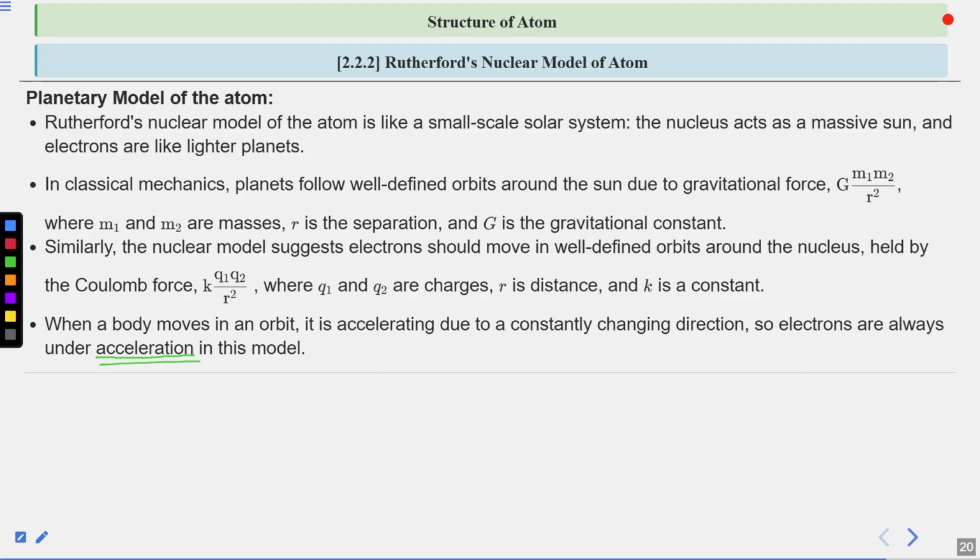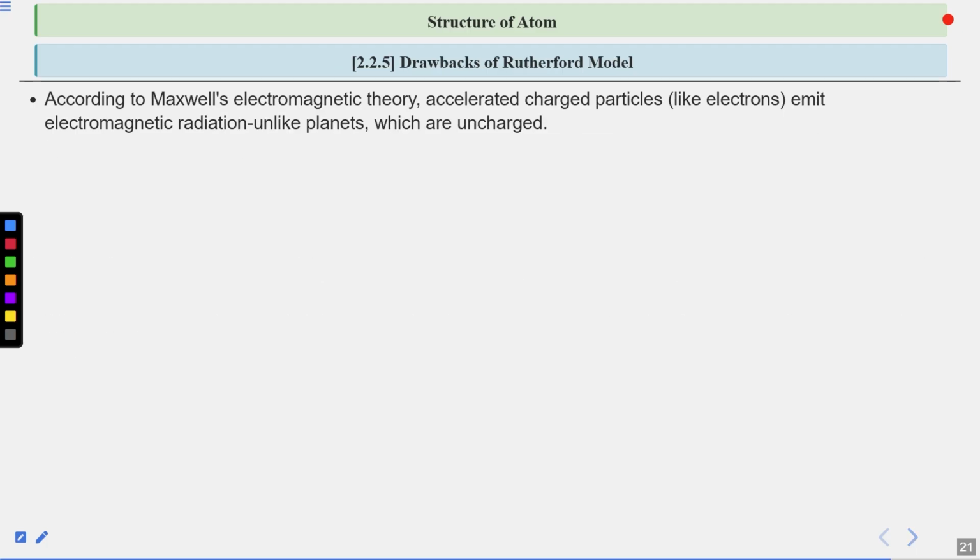Now, if I am saying that the electron is moving in a circular motion, and due to this circular motion the direction is changing constantly, and as a result it is accelerating. What can we say further? We can say, according to Maxwell's electromagnetic theory, that if it is changing its direction or getting accelerated, it will emit electromagnetic radiation.